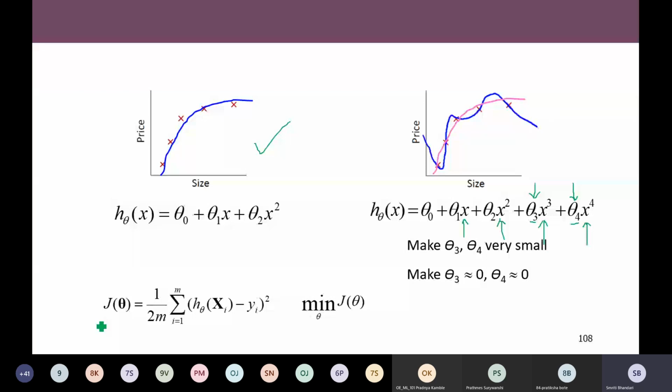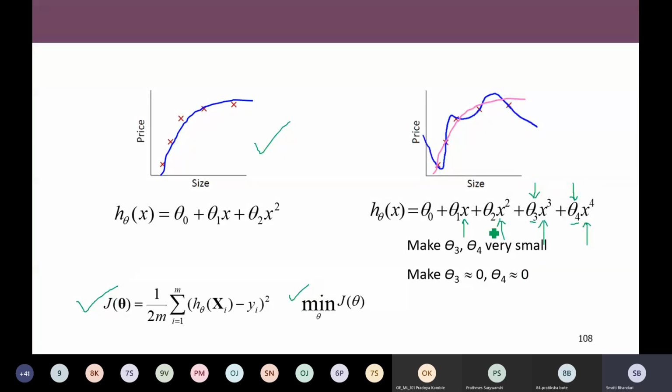Right? So this is our cost function. No doubt, in our original case, to fit the hypothesis, this is our cost function, and we try to minimize it.